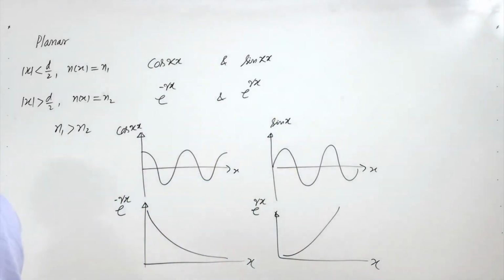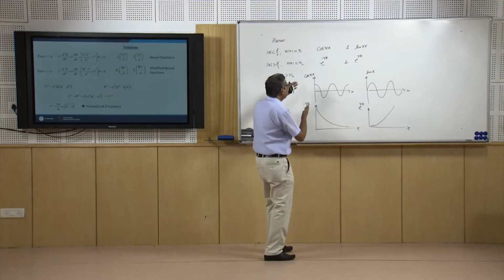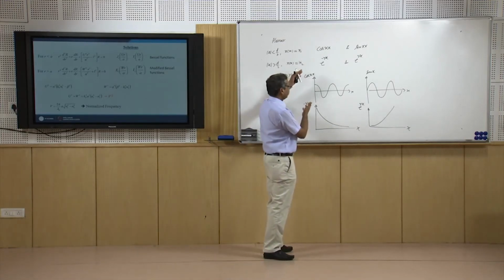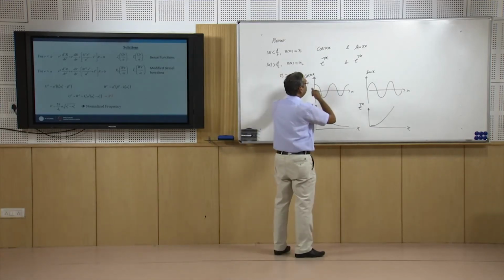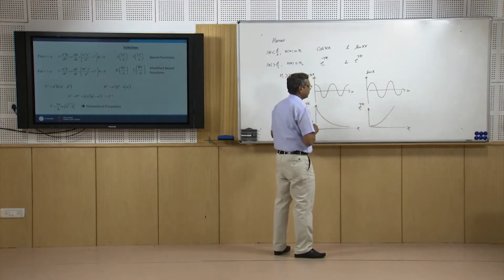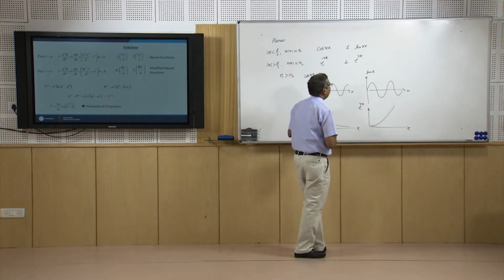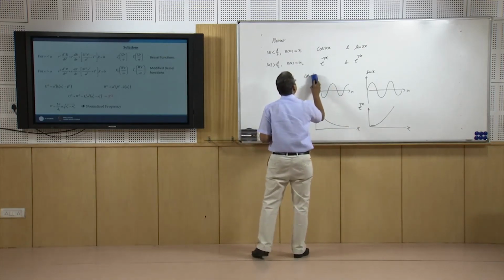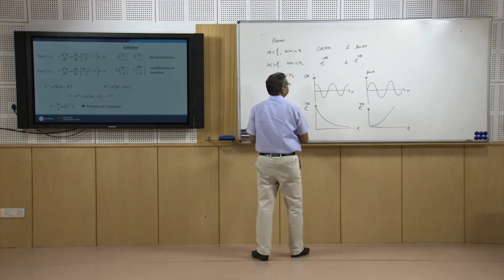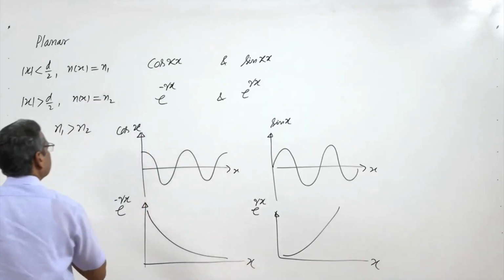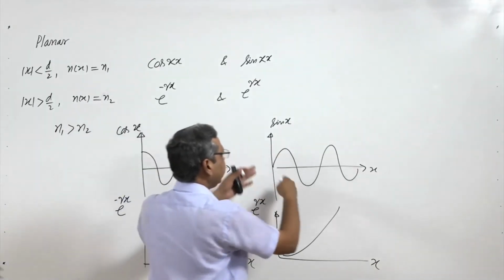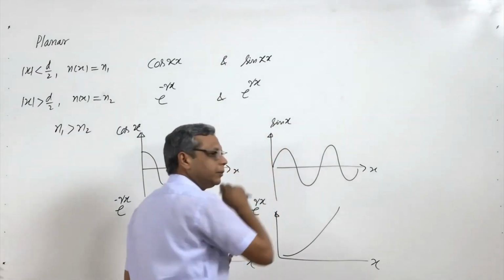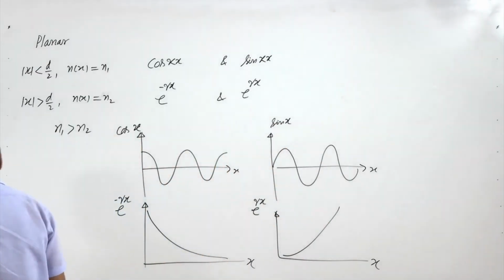So, let me treat them just as labels. If there is this kind of variation I label this as cosine x, and if the variation is like this, then let me label it as sine x.